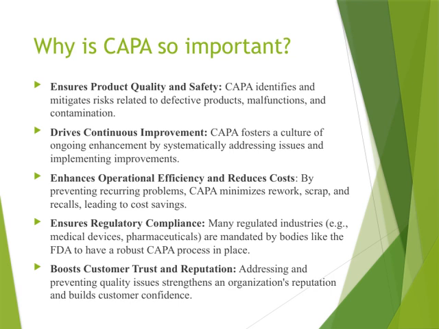Finally, addressing and preventing quality issues also boosts customer trust and strengthens our reputation. When customers see our commitment to quality and safety, their confidence in our brand grows. So, as you can see, CAPA isn't just a process. It's a crucial part of delivering quality, maintaining compliance, and building trust in everything we do.